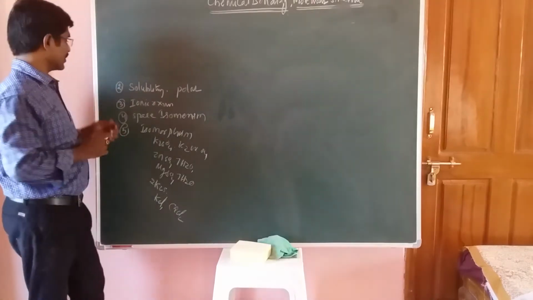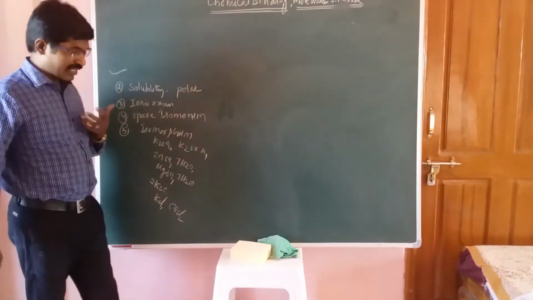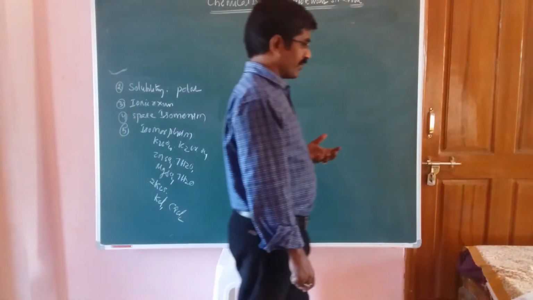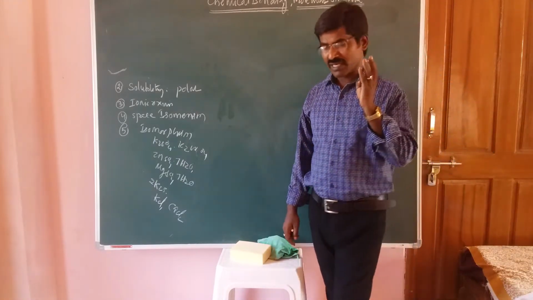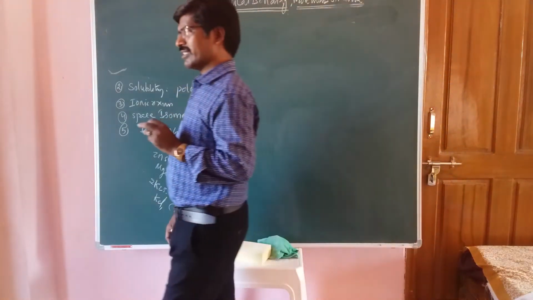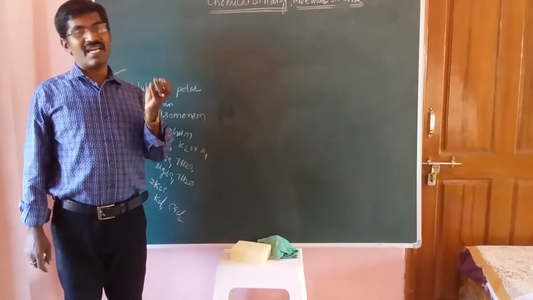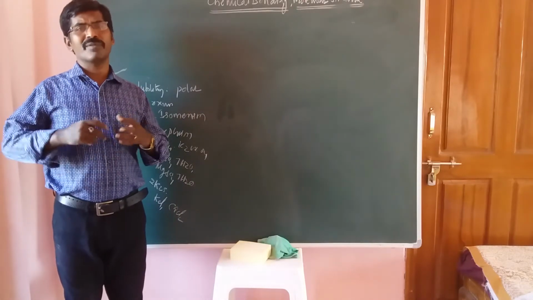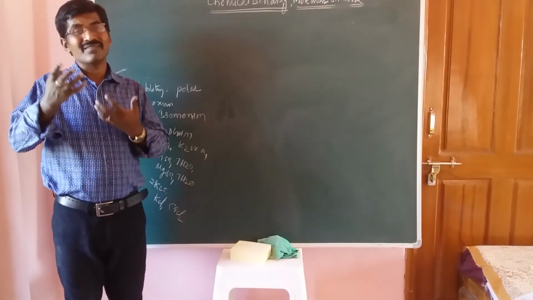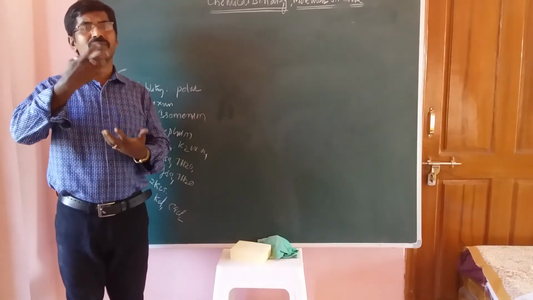And the next property is solubility. In solubility we should cover three to four things: the solvation process, that is solvation energy, and the hydration energy and lattice energy. Hydration means the small ions are bound by a number of water molecules.